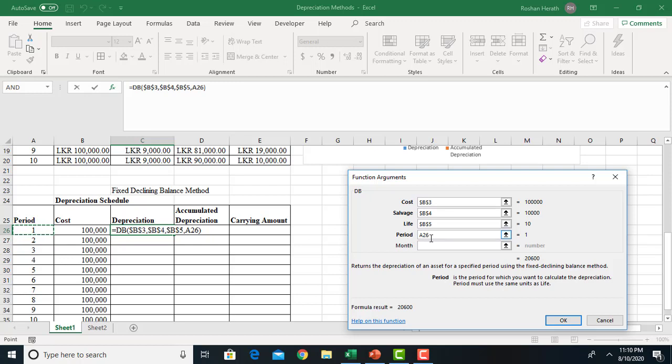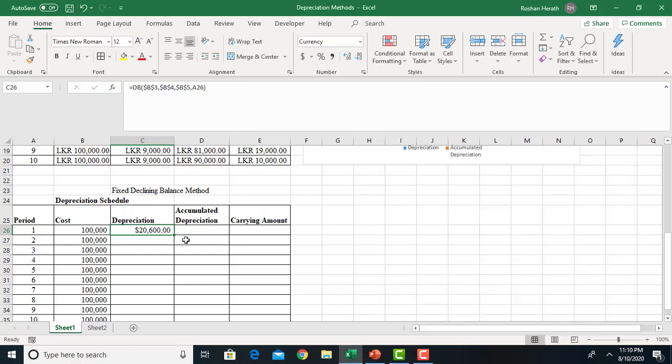The month, we are going to ignore that. Here our assumption is we will be acquiring the PPE item at the beginning of the year, so we simply ignore this month information. Okay, so now you may drag them down.